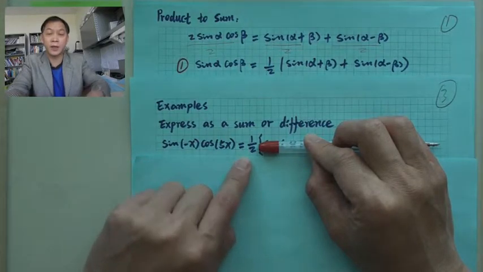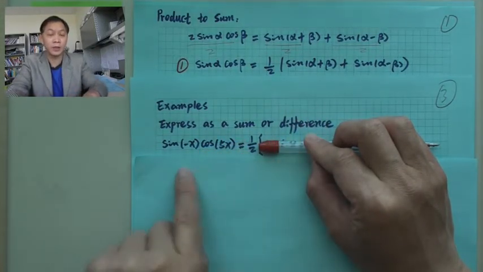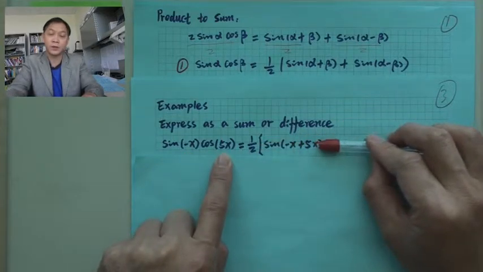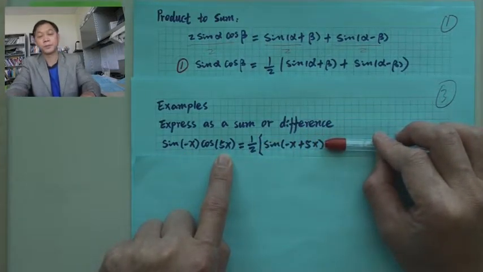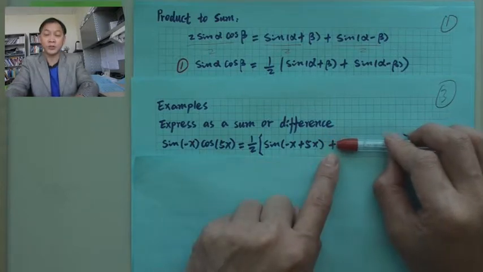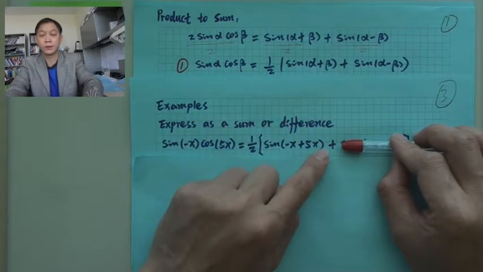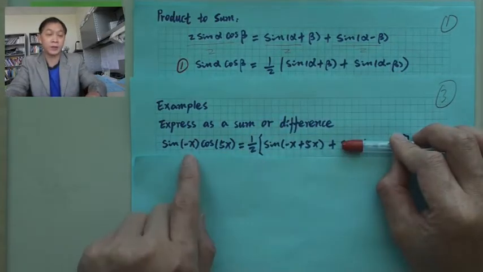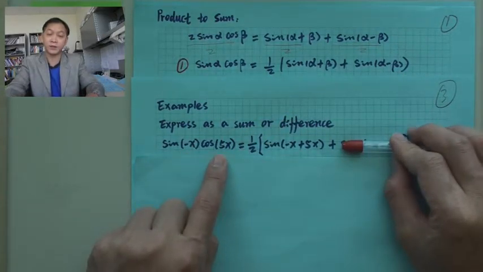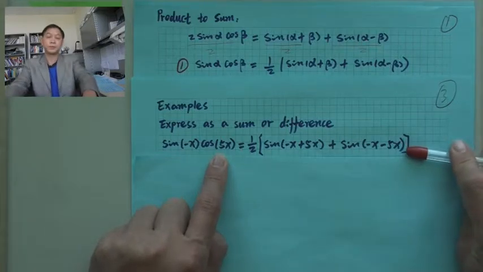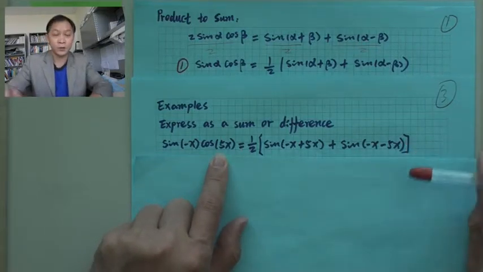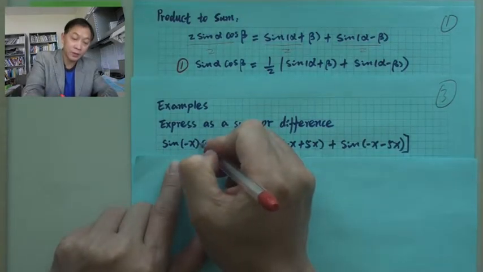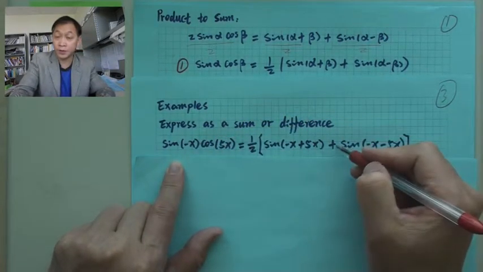Now, the first one is sine alpha plus beta, so it will be negative x plus 5x. That's this one. And then plus sine alpha minus beta, so it's negative x minus 5x. That's this one. So you have changed the product to the sum.